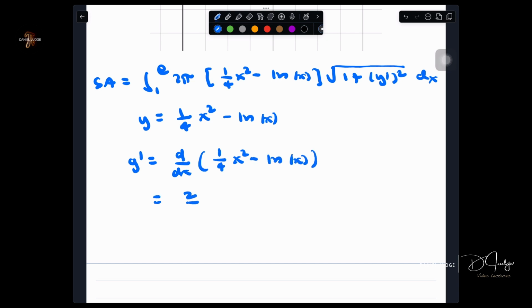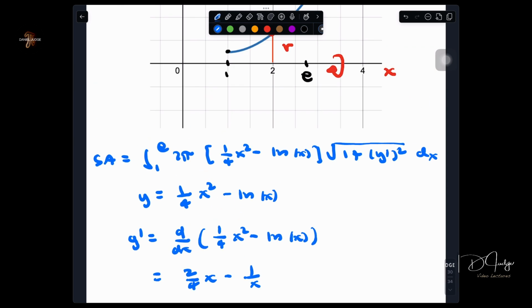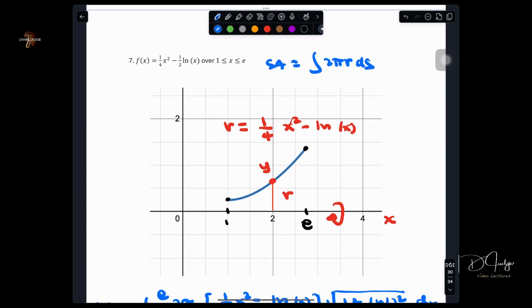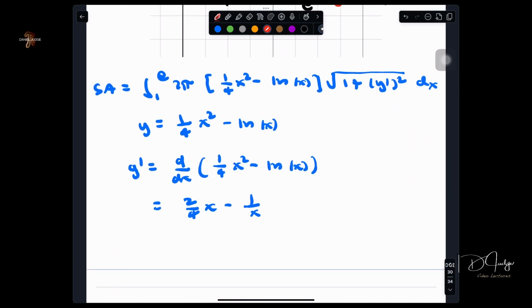Which will be 2/4 x minus 1 over x. Let's double check. There's a 1/2 here. Let's not forget that. That's an important detail. 1/2 natural log x.